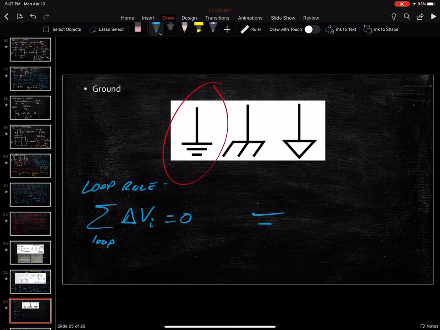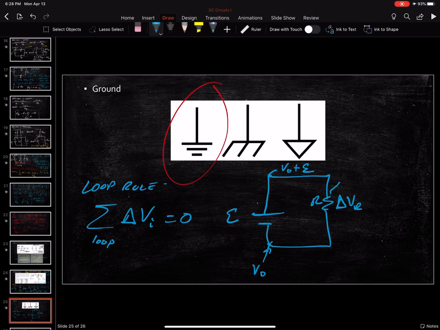And so, for instance, if I've got some battery here of E, and some resistor here with delta VR, then I know that whatever the voltage is at this point here, let's call it some V0. Whatever that voltage is, I don't know what it is. But the voltage after I go through here, up here, this is V0 plus E. The voltage has been increased there.